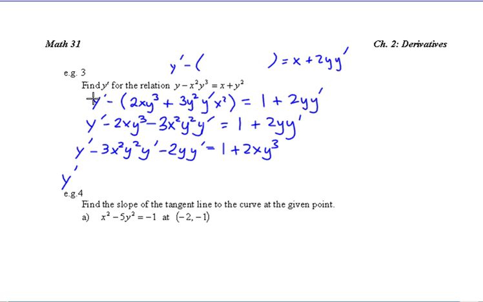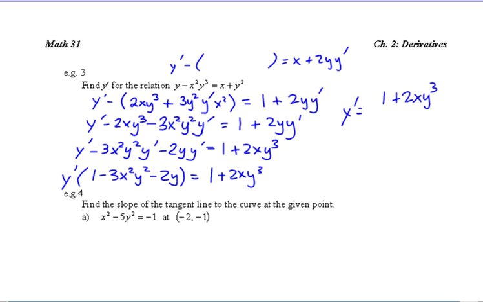What do we get when you factor out the y prime? Yeah. And so our solution is 1 plus 2xy cubed all over 1 minus 3x squared y squared minus 2y.